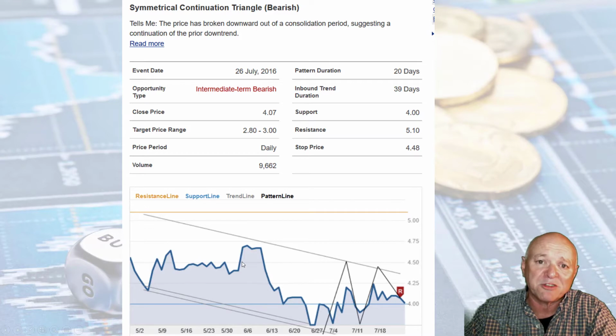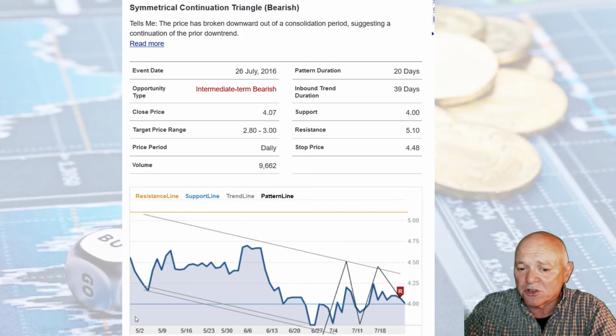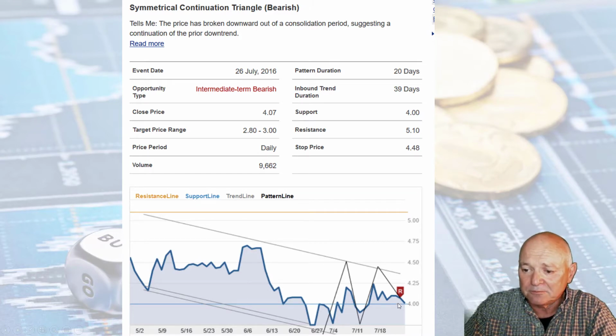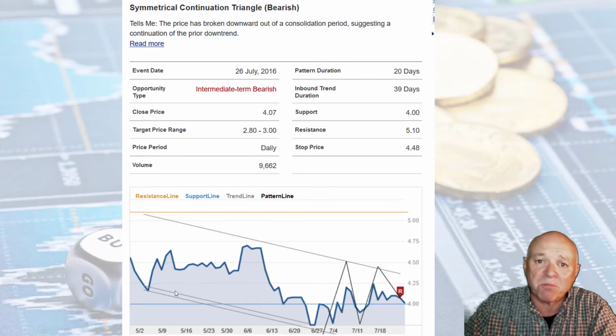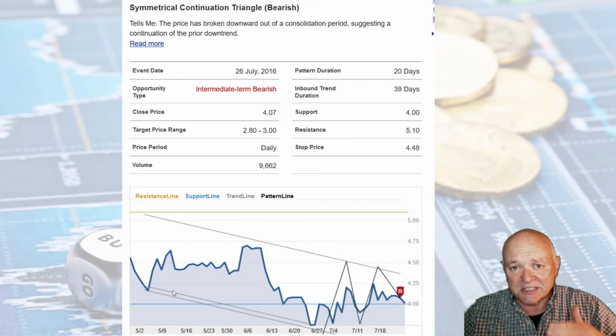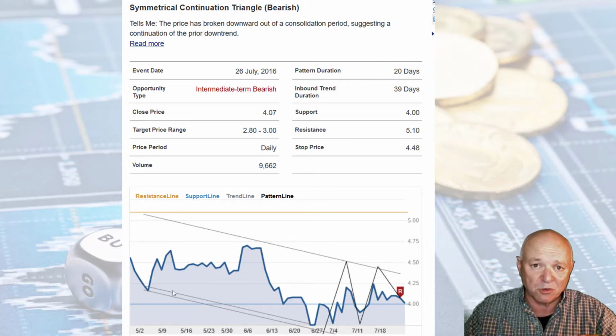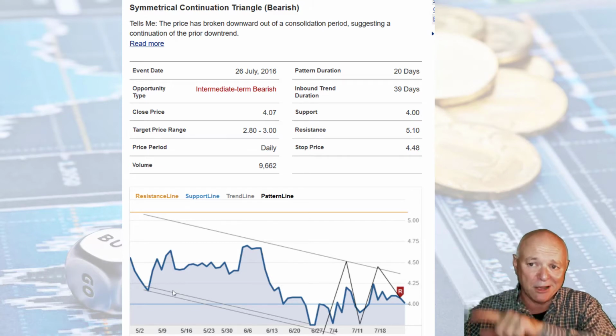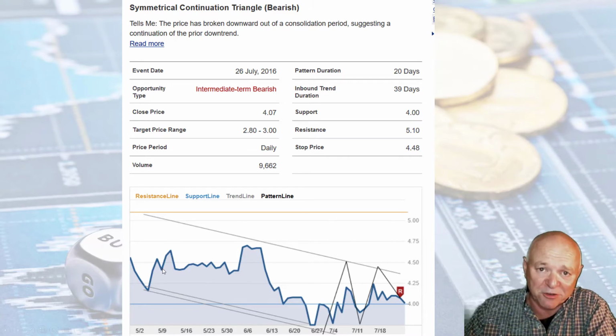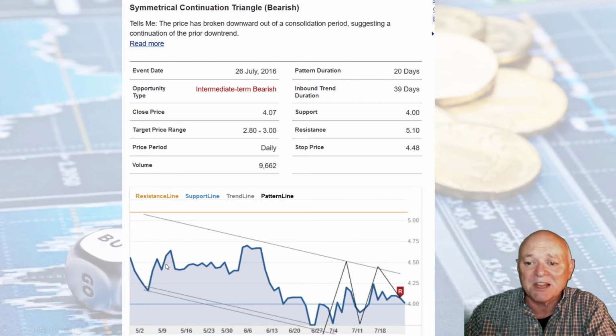So it's hard to break through that resistance line. There's also a light blue line at the bottom, and that's a support line. The support line essentially becomes the price floor. So we could see the stock price going up and down, tending not to break through the ceiling, and tending not to fall through the floor.